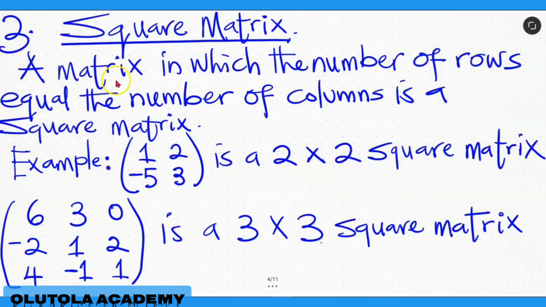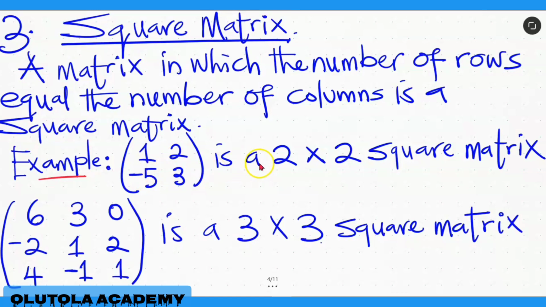The third is the square matrix. The square matrix is a matrix in which the number of rows equals the number of columns. In this example, we have 1 2 in the first row, -5 3 in the second row, and we also have 1 -5 in the first column and 2 3 in the second column.